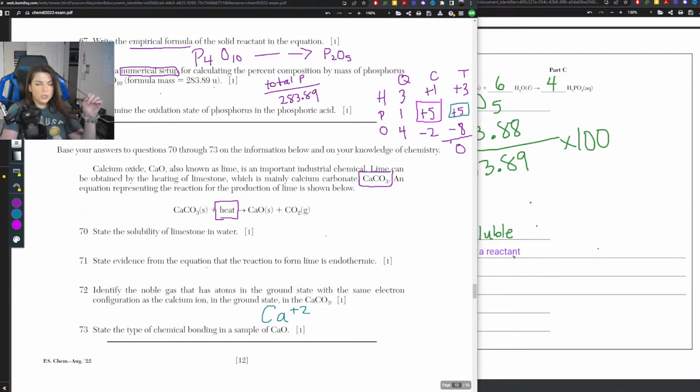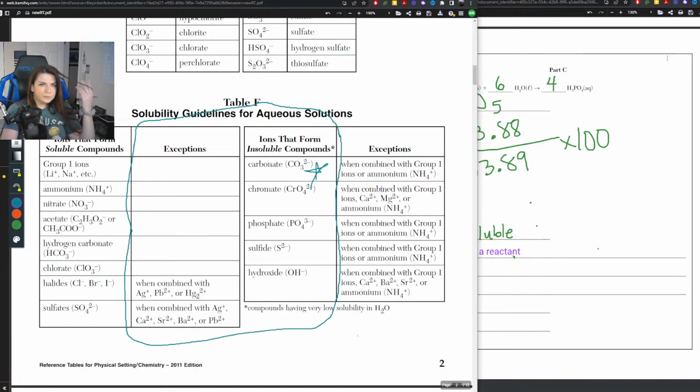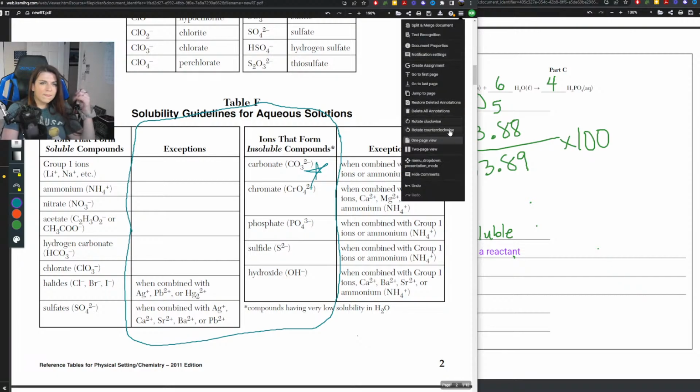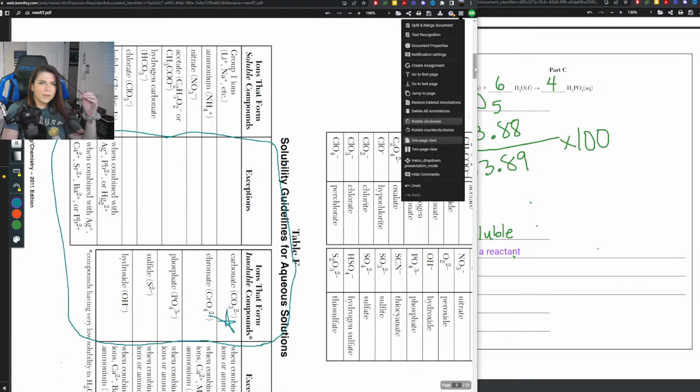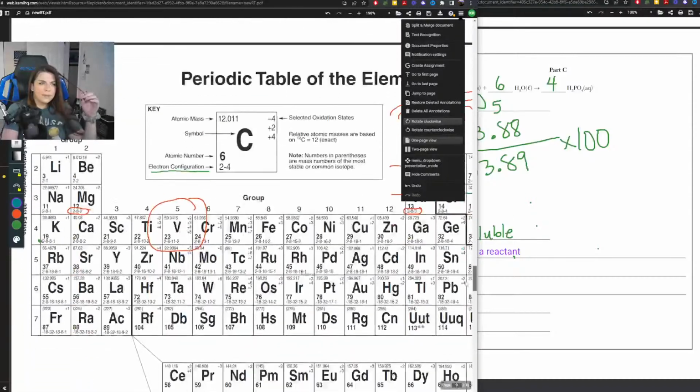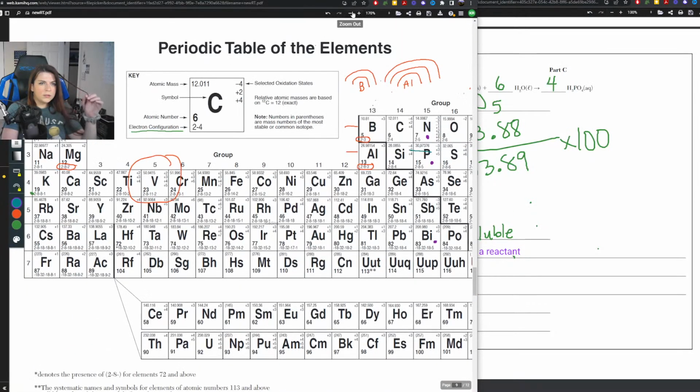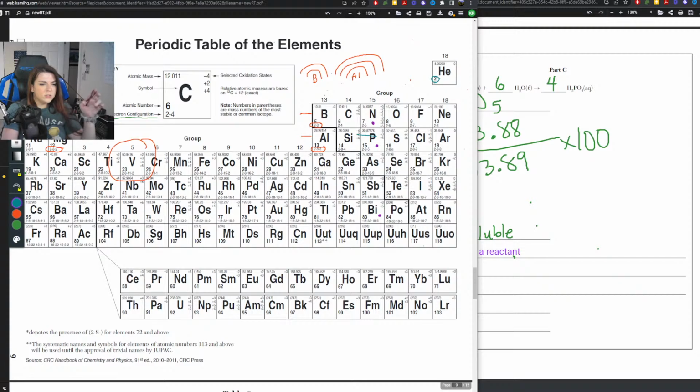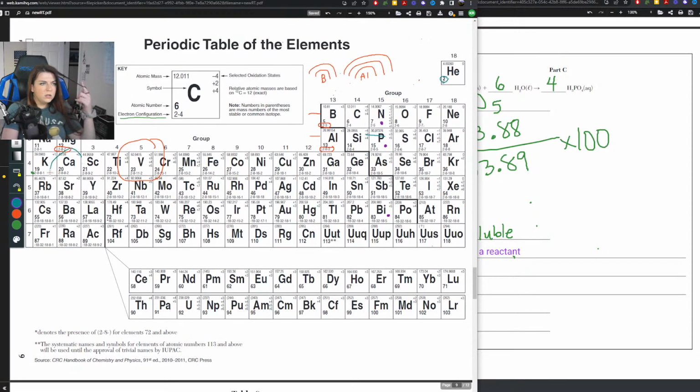And if we go take a look at the periodic table, and zoom out so we can see the whole thing at once, calcium is over here, number 20. If calcium loses 2 electrons, it goes back 2 places on the periodic table.